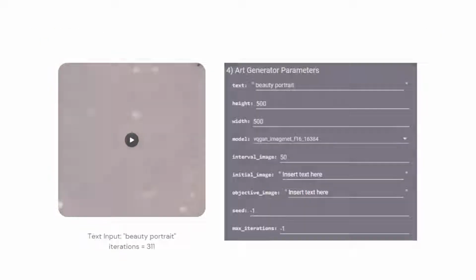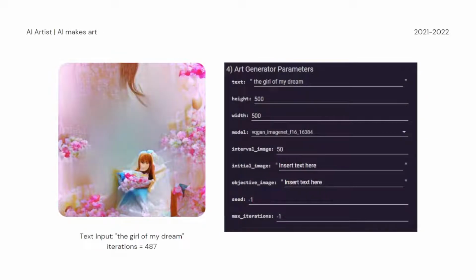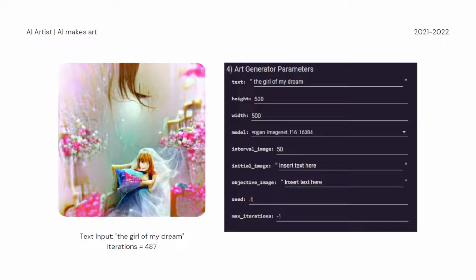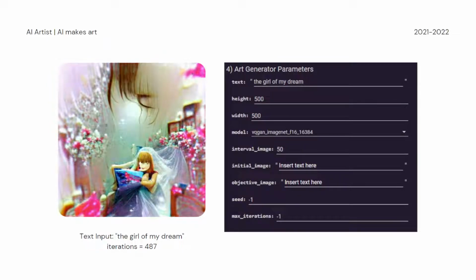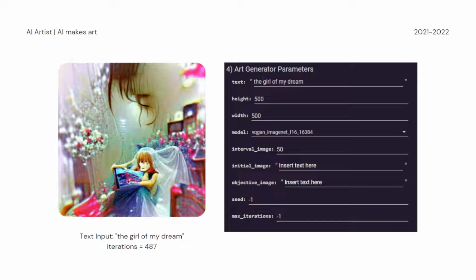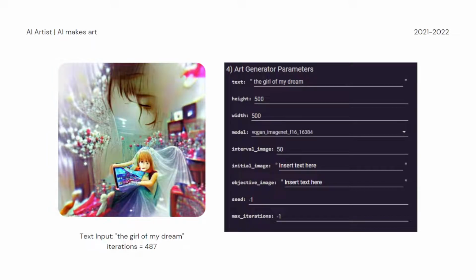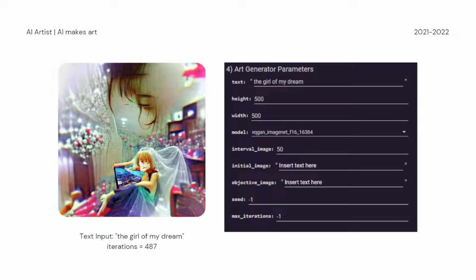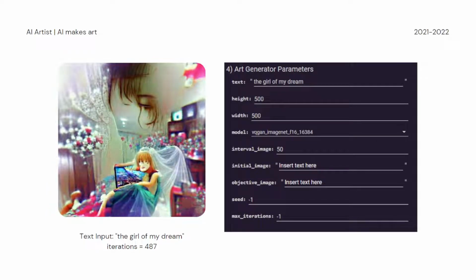Now let's go next. We have The Girl of My Dreams. This was quite questionable, because the artwork did not actually turn out the way we wanted, because it somehow wanted to bridge the line between reality and dream, but it could not. We have a little bit of mixed images, but somehow it still created something really good.